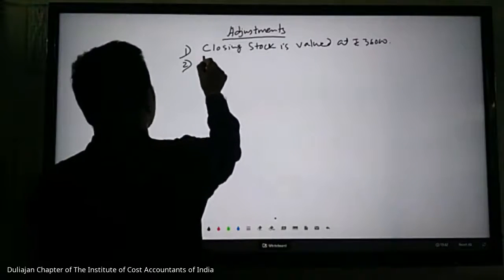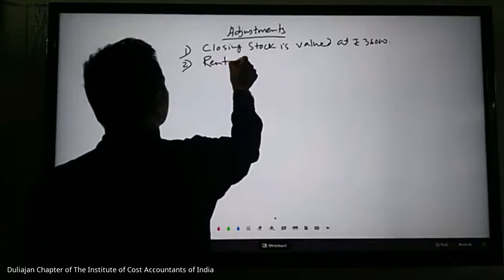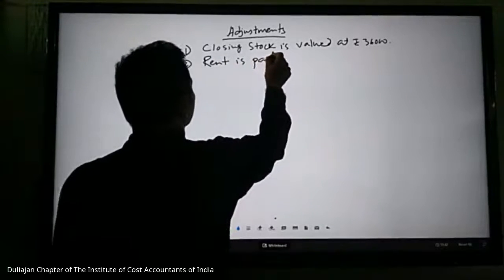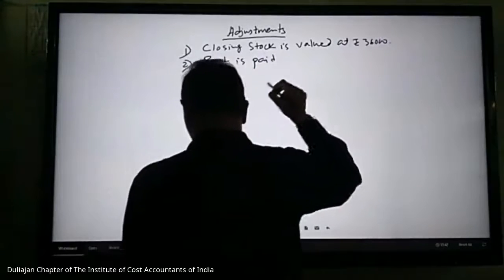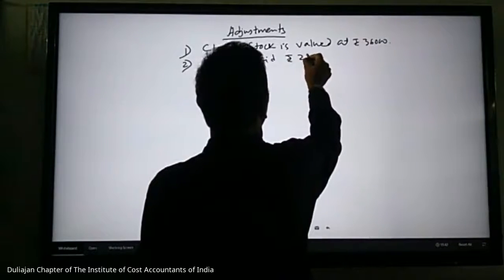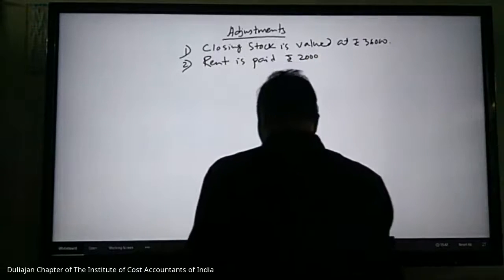Number two, rent is paid rupees 2,000 per month.